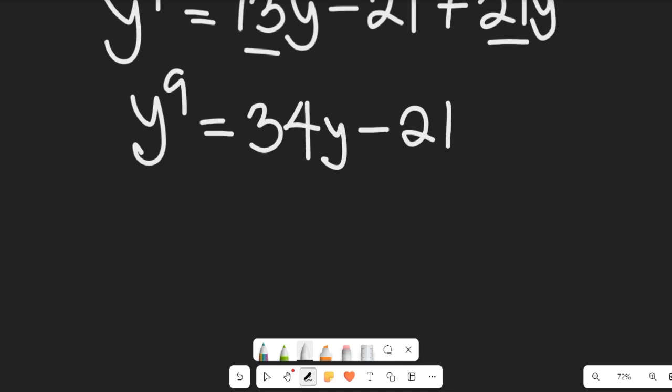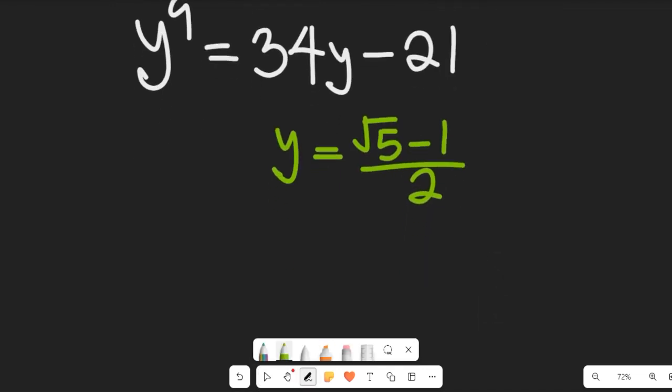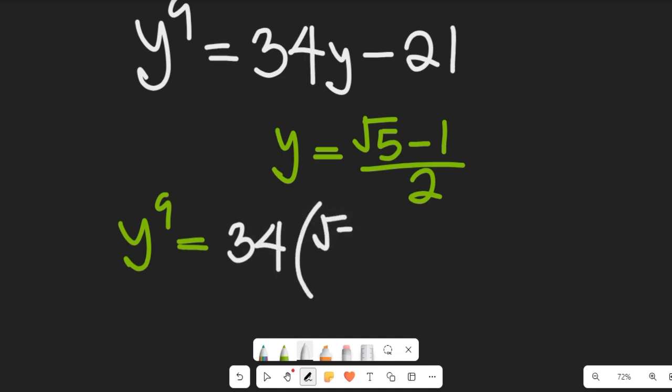If you recall that the value of y is equal to the square root of 5 minus 1 divided by 2, if we substitute that into that expression, we'll have y to the power of 9 to be equal to 34 multiplied by the square root of 5 minus 1 divided by 2, minus 21.